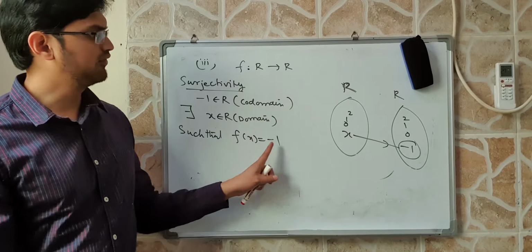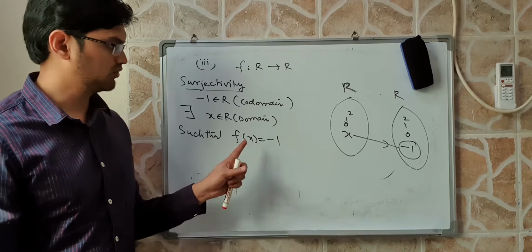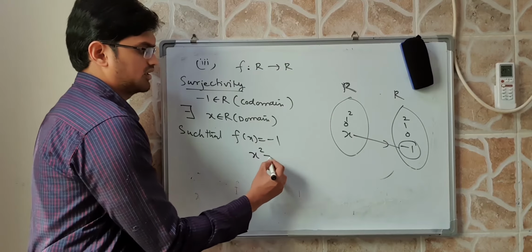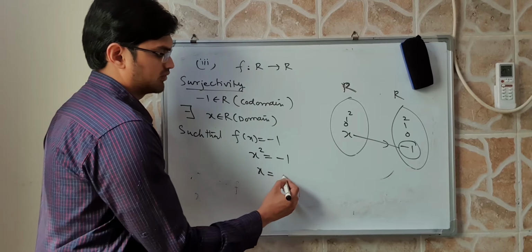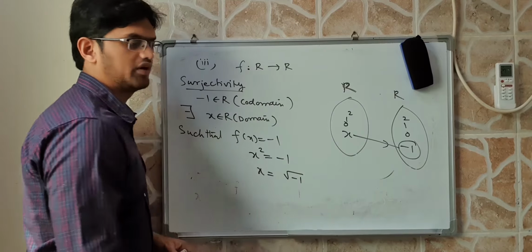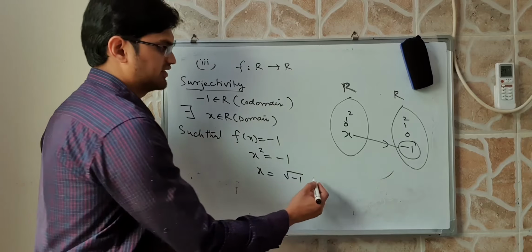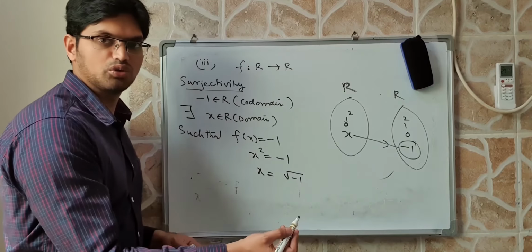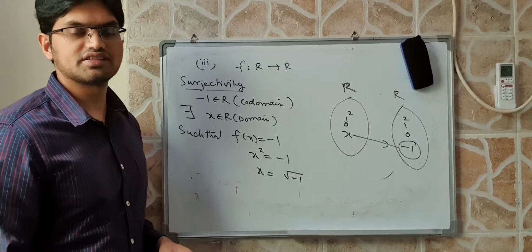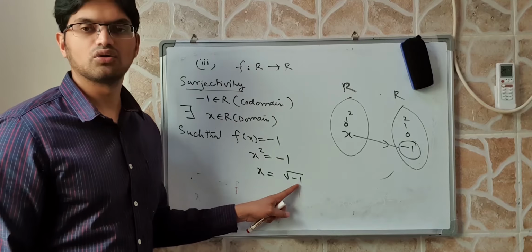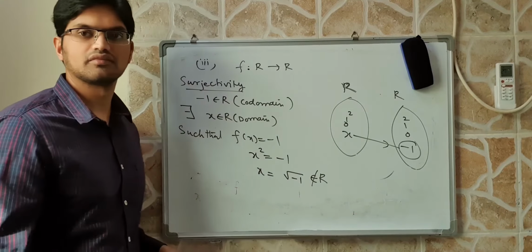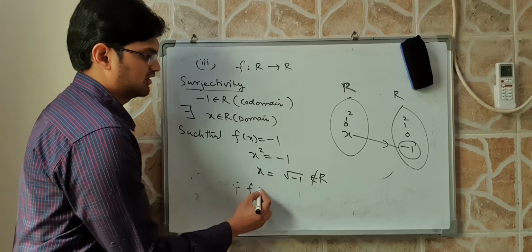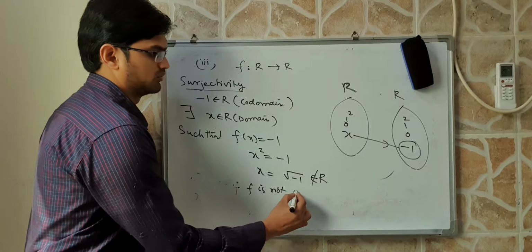So let us say f of x equal to -1. So what is f of x? x square is equal to -1. When x square is equal to -1, x is the square root of -1, which is an imaginary number, you know. And in the 11th chapter you have learned this is i. Root of -1 is i. So this does not belong to R. Therefore f is not onto.